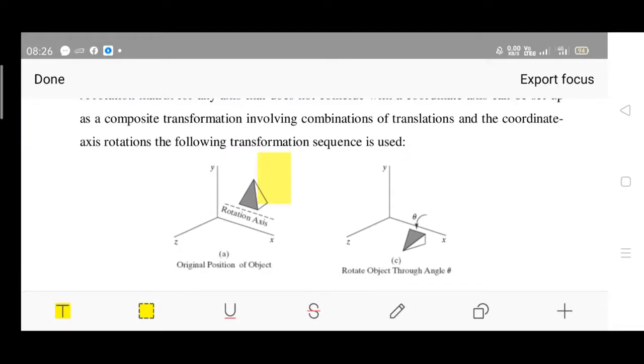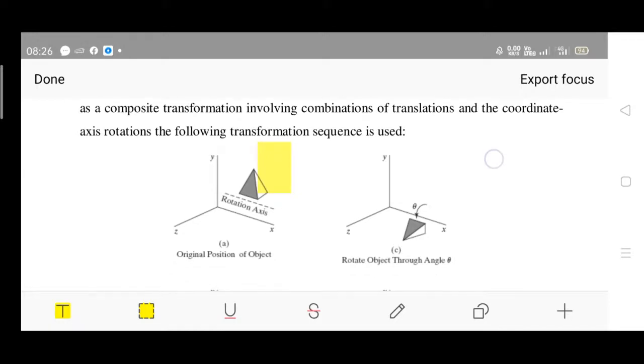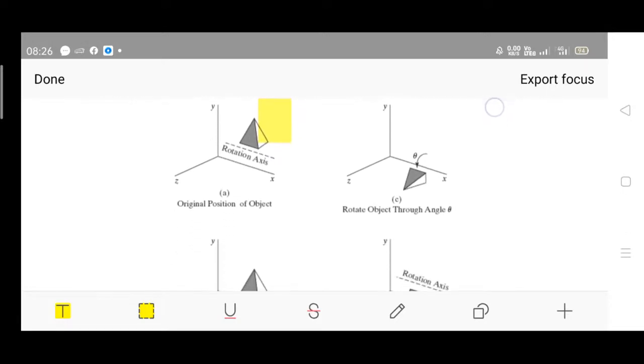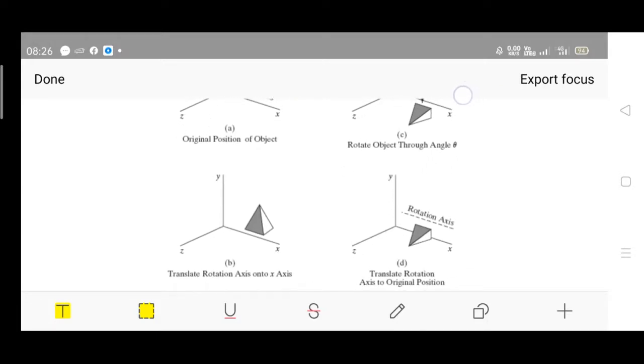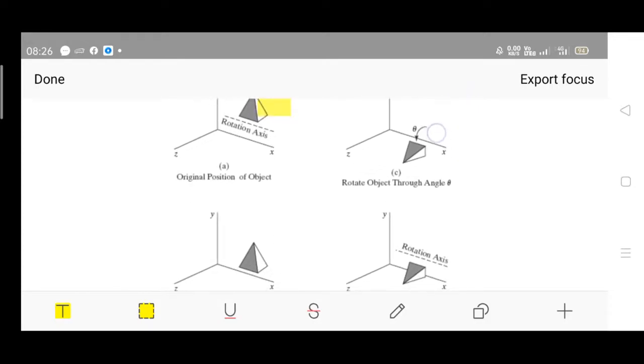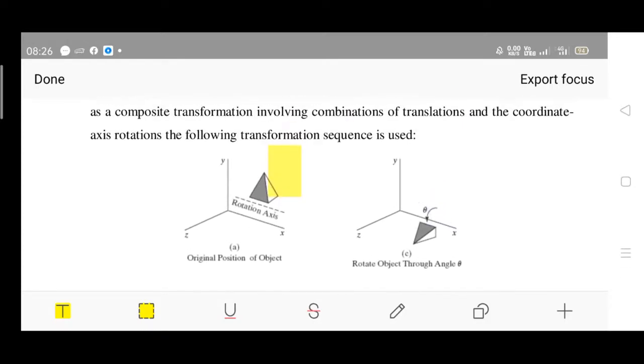Here is an example. Original position of the object, as you can see, and the rotated object, that is diagram C, diagram 1, but A as well as C. Before that we have one more diagram: translate the rotation axis onto the x axis, right? The meaning is, earlier we discussed the pivot point rotation, recall that. Rotation is allowed from the origin as per the 2D rotation, as per the discussions we conducted with respect to the 2D model, right?